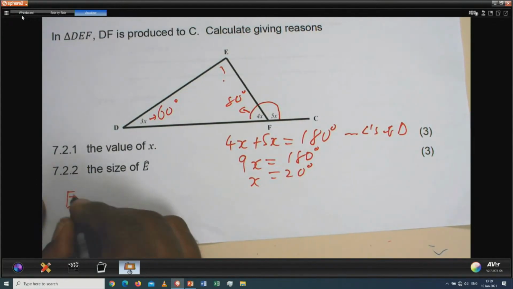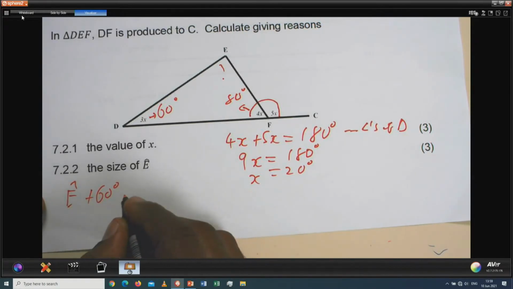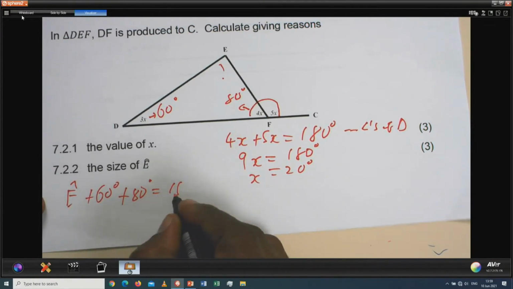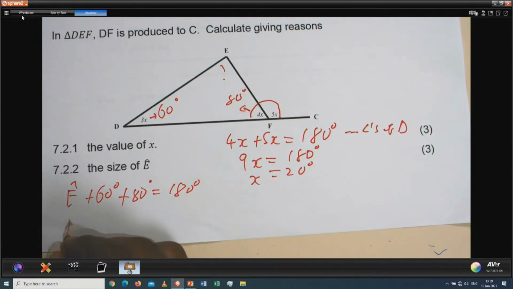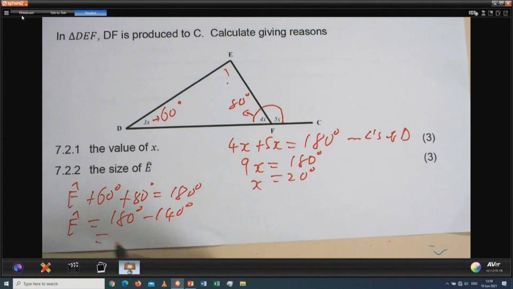I know that angle E plus angle 60 plus angle 80, they are all equals to 180 degrees. Angles in a triangle give 180. And then angle E is equals to 180 degrees minus 140 degrees. Therefore, E is equals to 40 degrees.